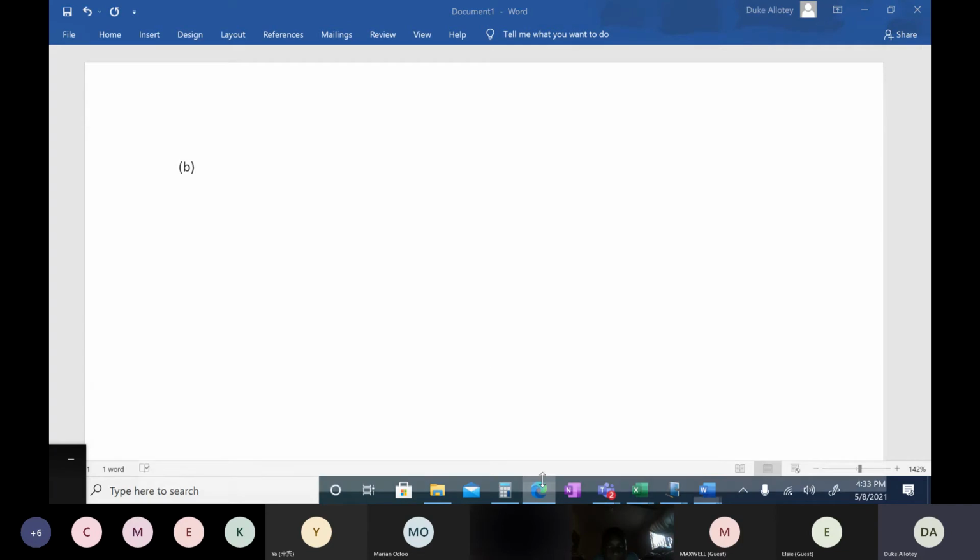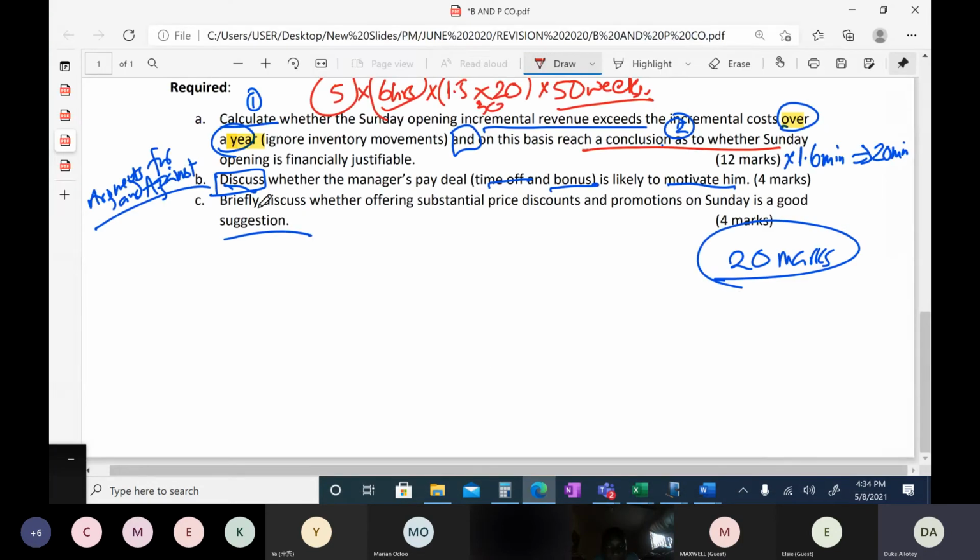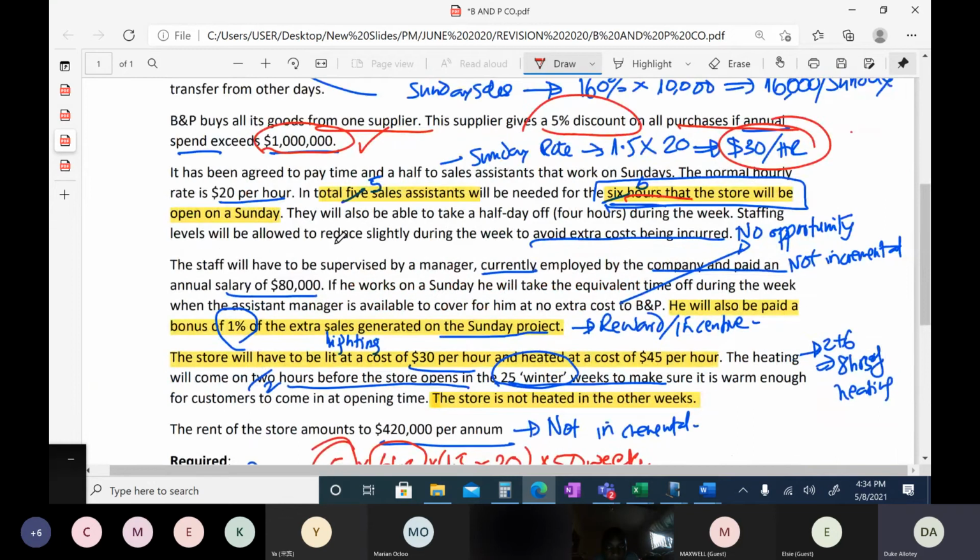Now, what is the question? The question says, discuss whether the manager's pay deal or the time off is likely to motivate him. It's a discussion. So go out and find out what the manager is getting for the job he's doing. Now, two things.